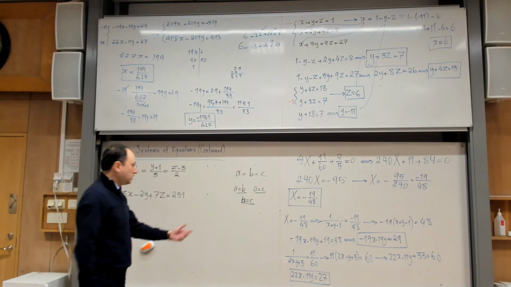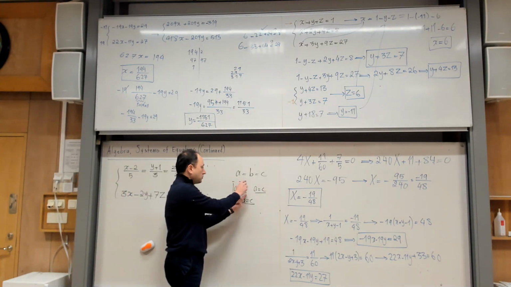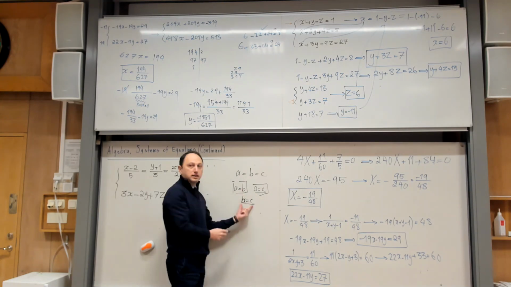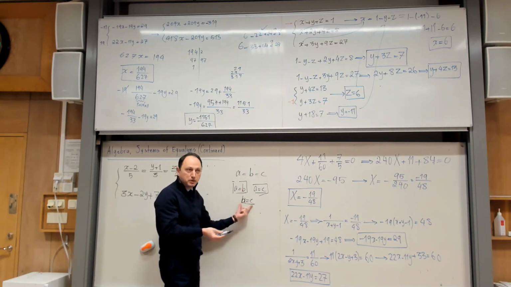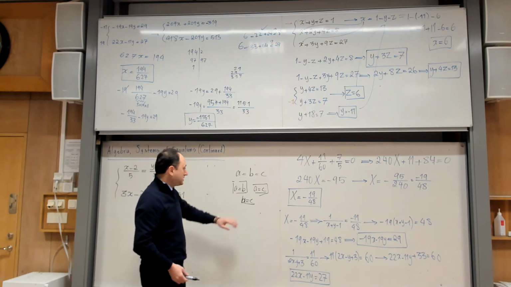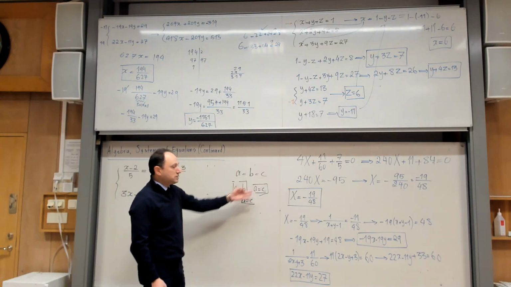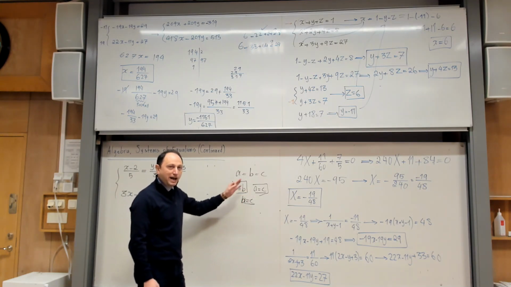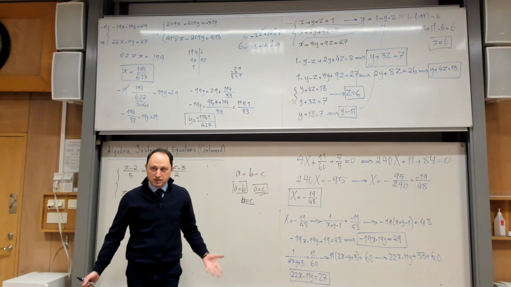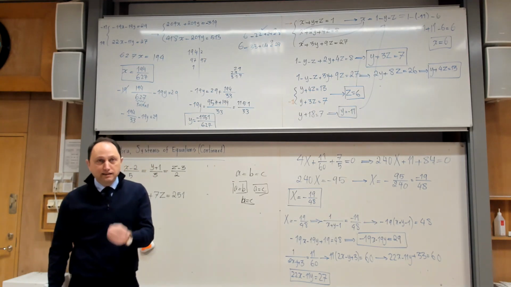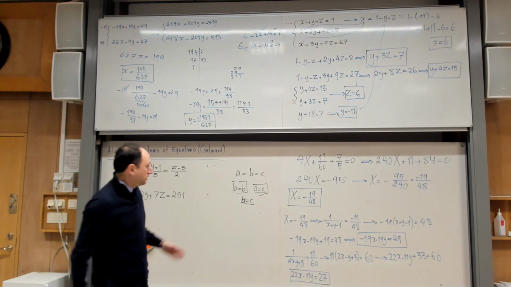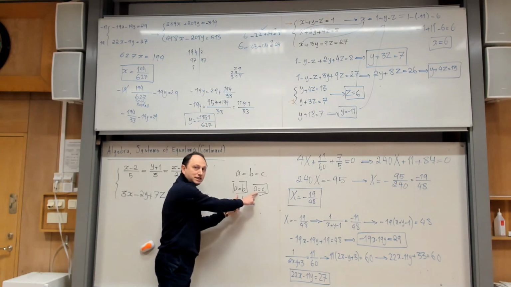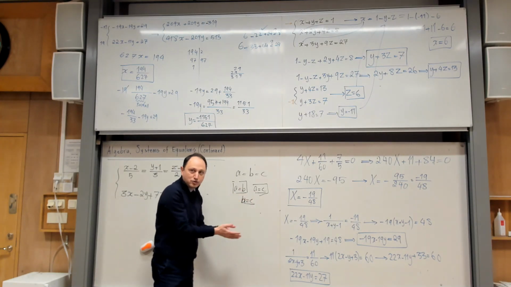Why? Because if I accept this one and this one, this is automatically satisfied. So that's not an extra piece of information. Do you understand? So I cannot say that I have 3 pieces of information on the board. I have written 3 equalities. I have 3 equations. But how many independent pieces of information are these giving to me? Only 2. Because when I accept these 2, the third one automatically is satisfied.